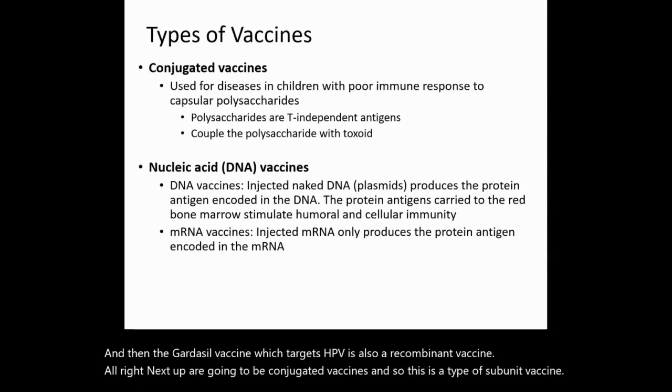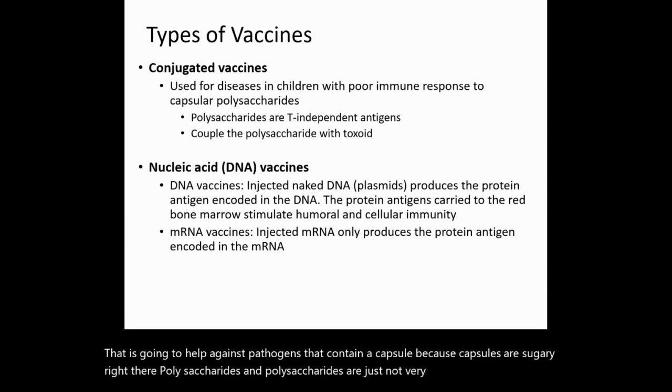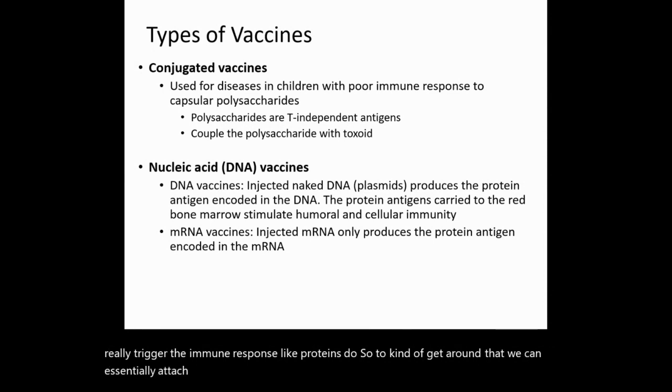that is going to help against pathogens that contain a capsule, because capsules are sugary, right? They're polysaccharides. And polysaccharides are just not very good antigens. They don't really trigger the immune response like proteins do. So to kind of get around that, we can essentially attach a protein to a capsule sugar.